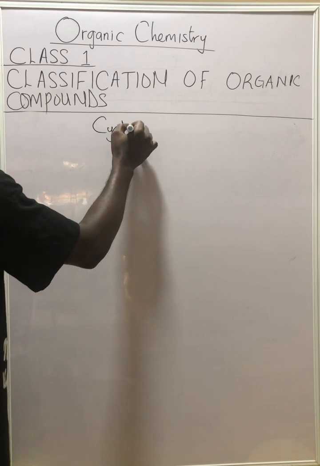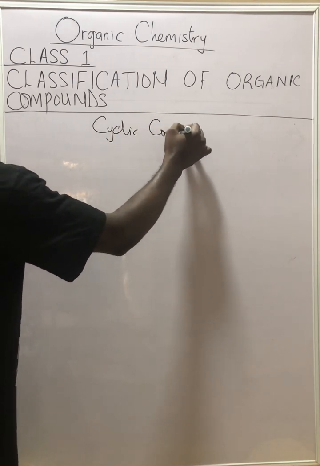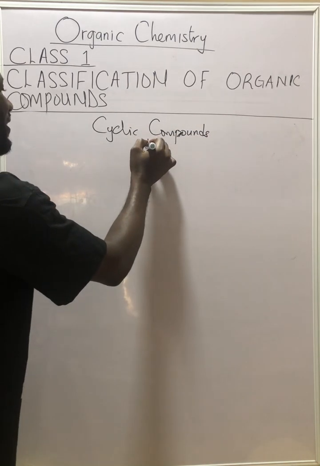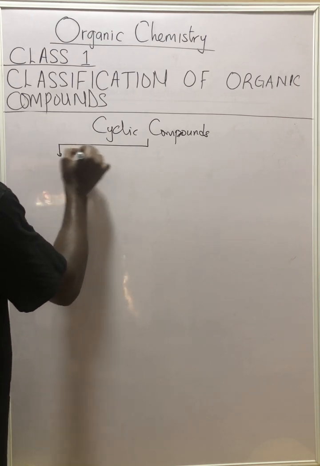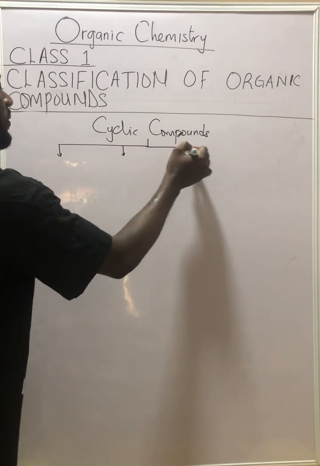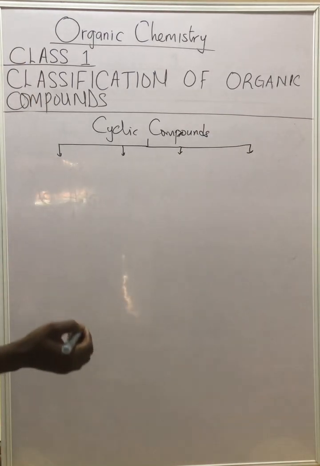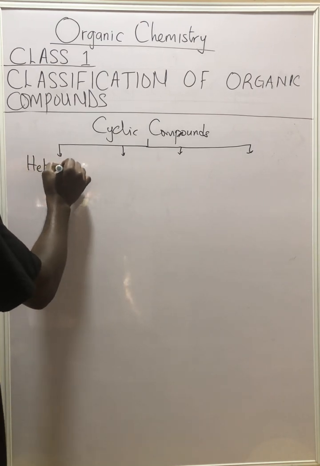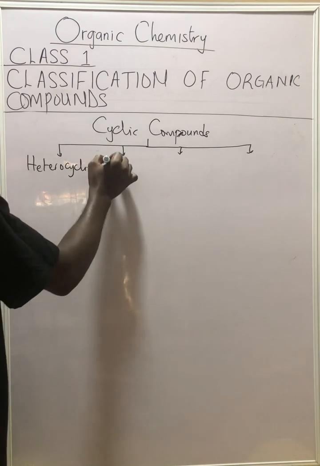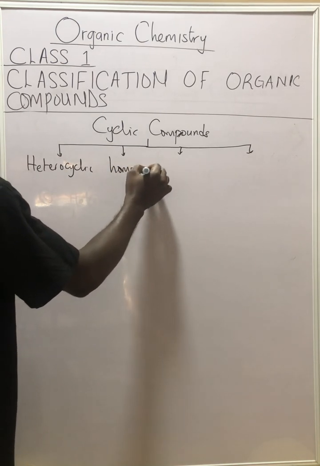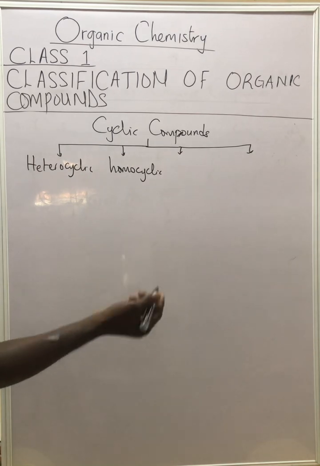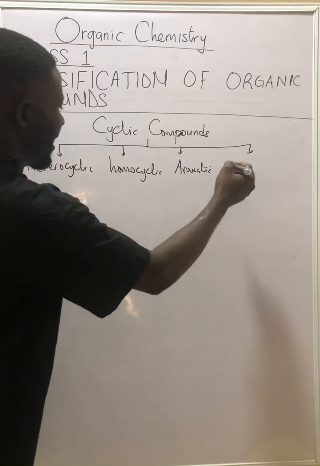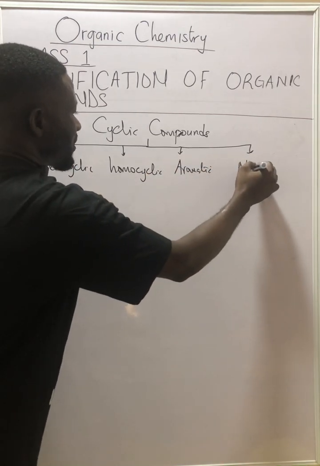What we will do now is that if we have cyclic compounds, we can say it could be divided into 4. So we have those that can be heterocyclic, those that are homocyclic, those that are aromatic, and those that are non-aromatic.